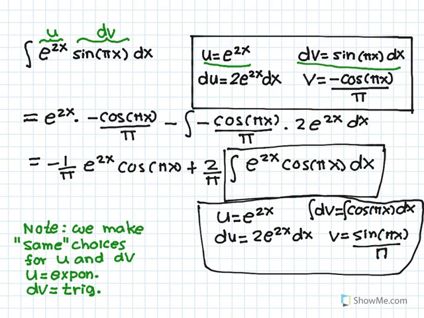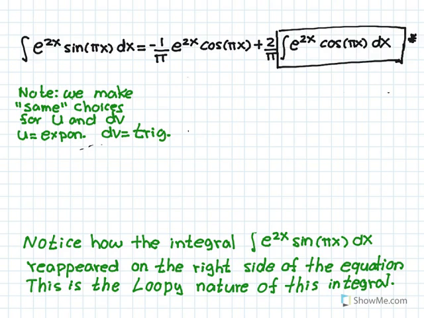All right, so what we have is the integral of e to the 2x sine of pi x dx, and we applied integration by parts to get negative 1 over pi, e to the 2x cos of pi x, plus 2 over pi integral e to the 2x cos of pi x dx.